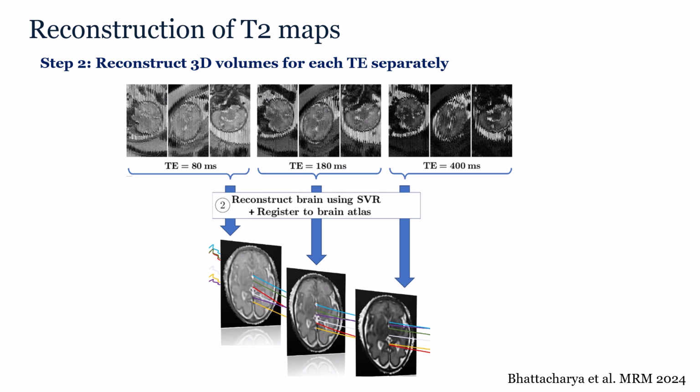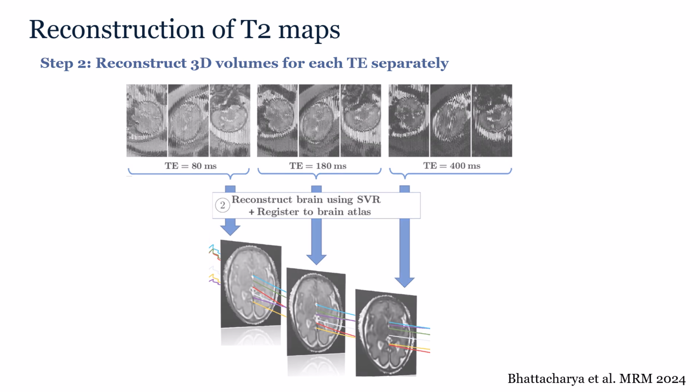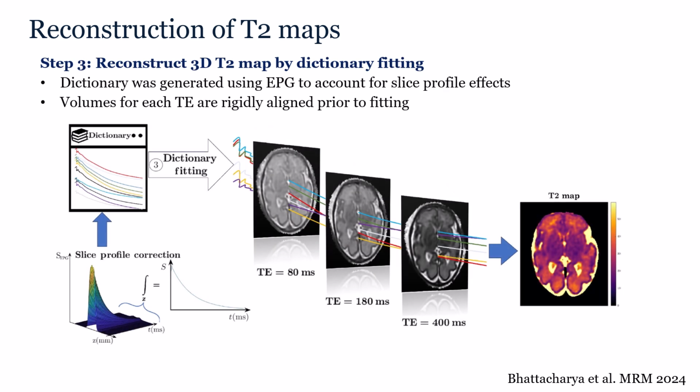In the second step, we reconstruct the motion-corrected volume for each echo time separately. In the third step, we perform dictionary fitting to reconstruct the 3D quantitative T2 map from 3D images for individual echo times. These volumes are aligned together using rigid registration to ensure anatomical consistency.